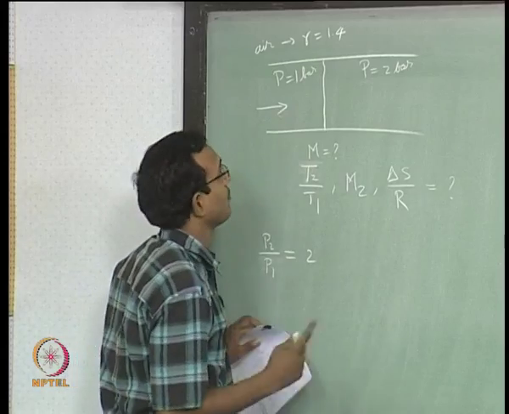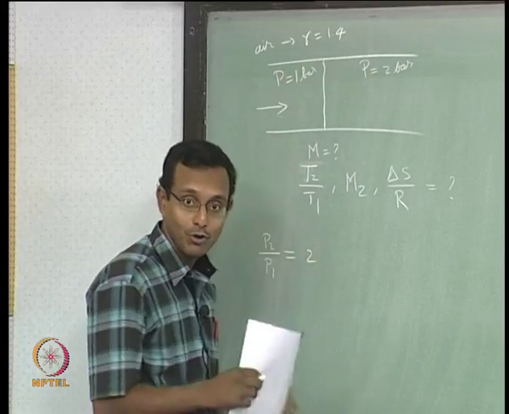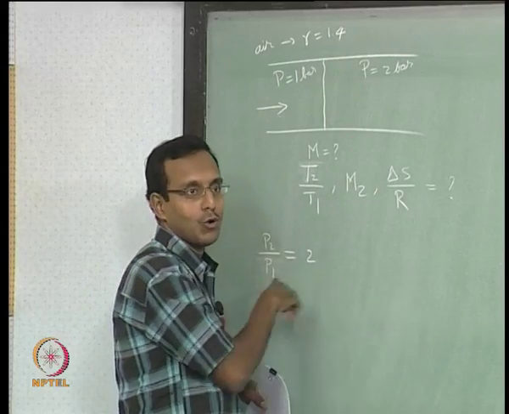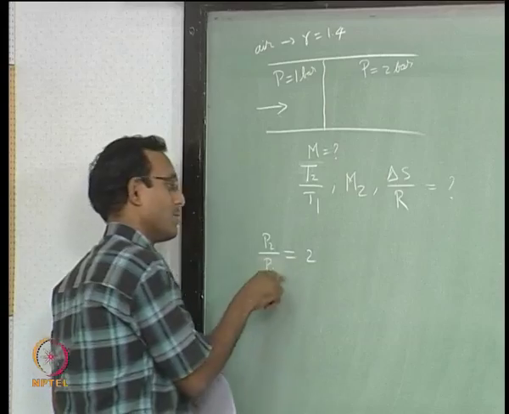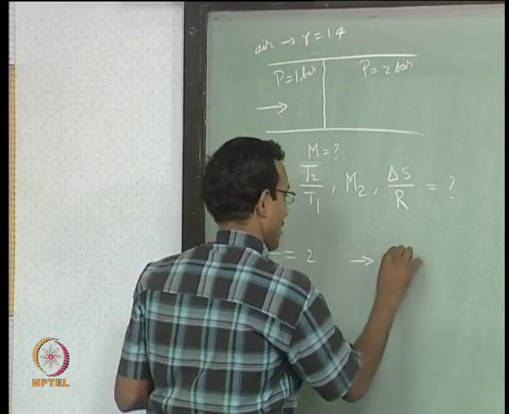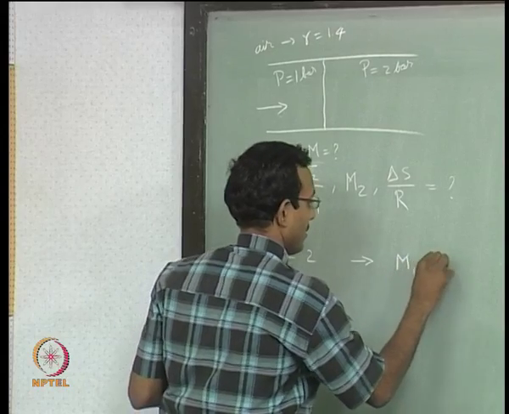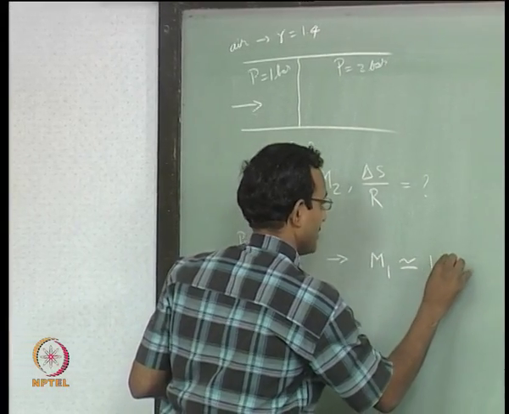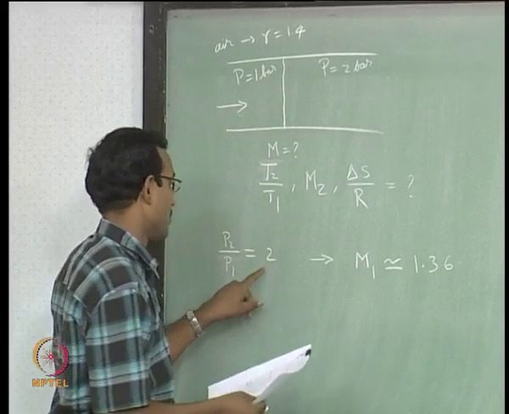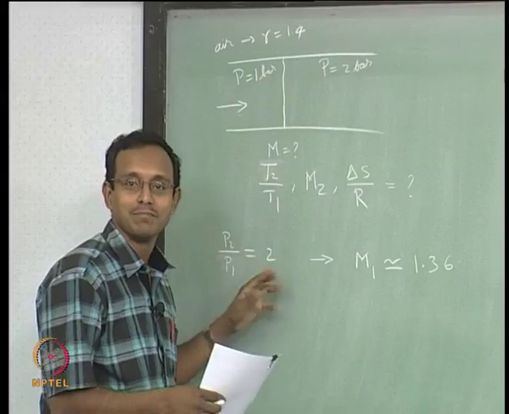Now I go to the normal shock tables for gamma equal to 1.4 and find at what row P2 by P1 equals 2. If I do that, I get M1 approximately equal to 1.36, with a little approximation. The number happens to be 1.996 or 1.997, something like this.